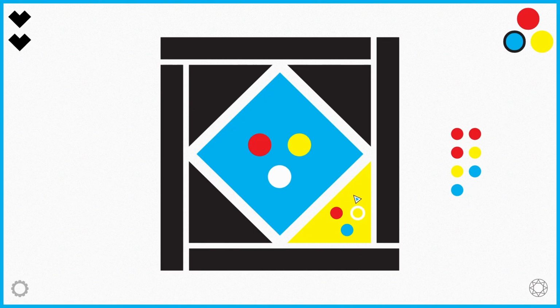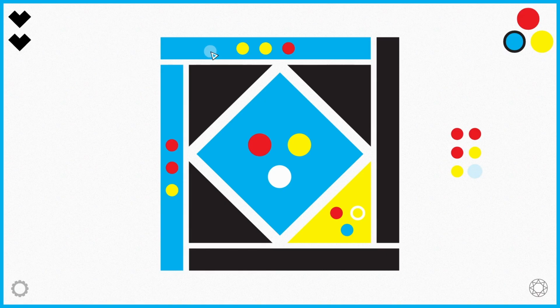It's got 1 yellow. One of these 3 needs to be red. None of them should be blue. One of these two is red and the other is yellow. None of these three should be blue, which means the other blues should be here and here.